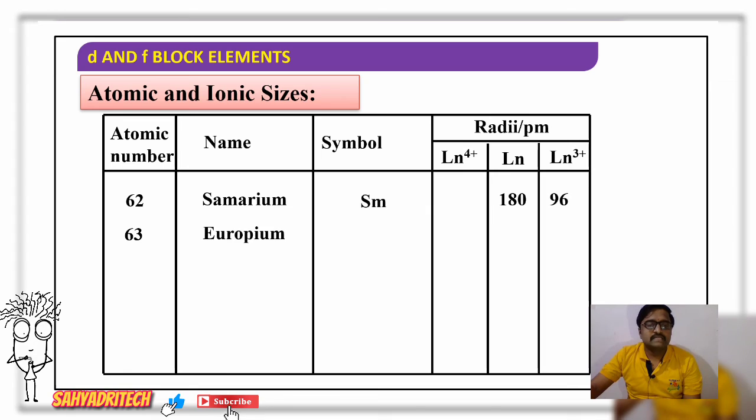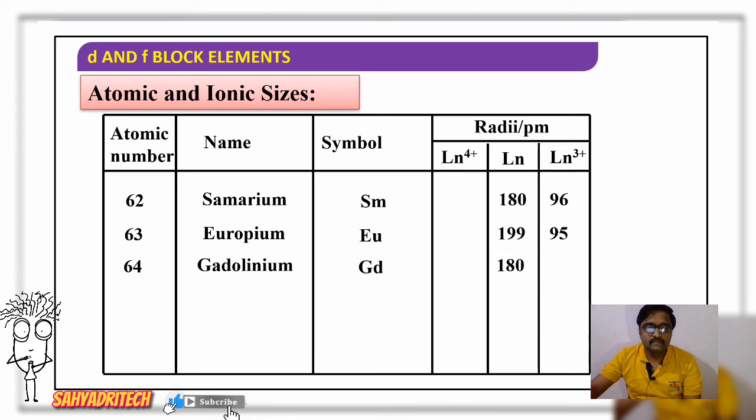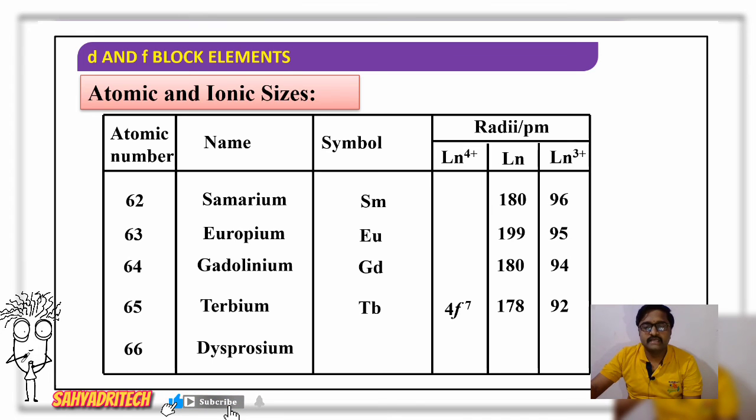Then 63, europium, symbol Eu, atomic radius 199 picometer, ionic radius 95 picometer. Then the next one, gadolinium, Gd, atomic radius 180 picometer and ionic radius 94 picometer. Then terbium, Tb, 4f7, 178 picometer atomic radius and 92 picometer ionic radius.